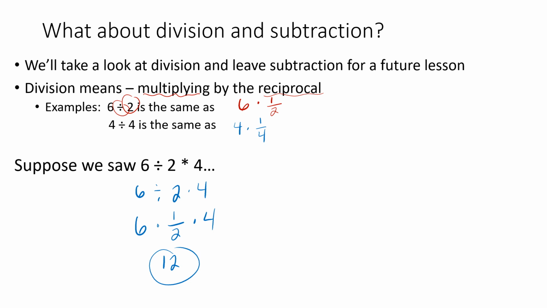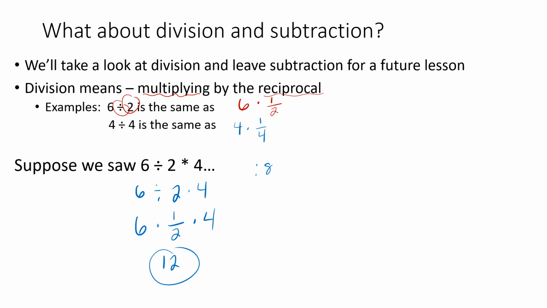Now, what that means in terms of our order of operations is that you have to take care of that division by either changing it to multiplication or carrying it out before you do that multiplication. If you do the multiplication first, you'll get 2 times 4 is 8, and 6 divided by 8 is definitely not 12. And we know that the answer is 12.